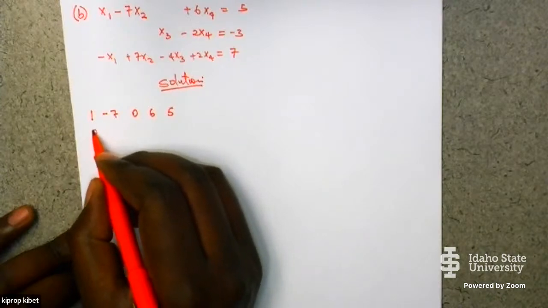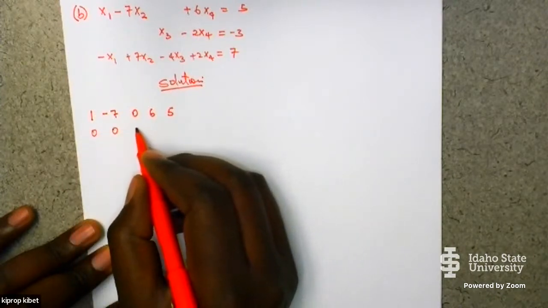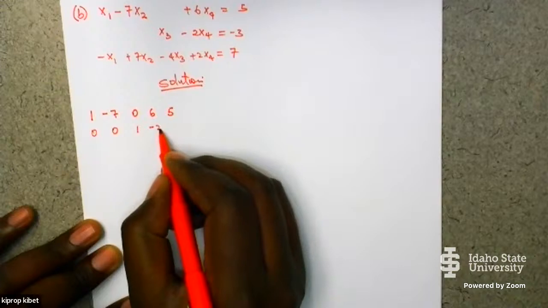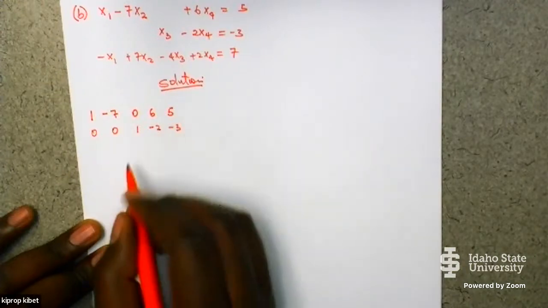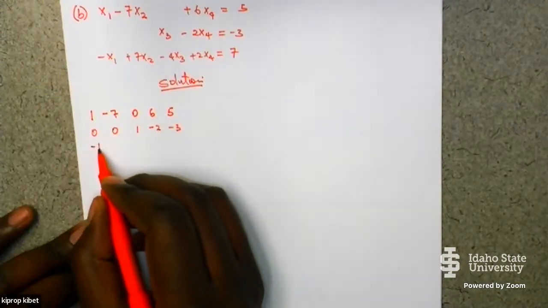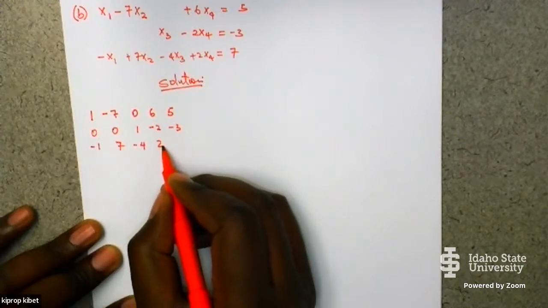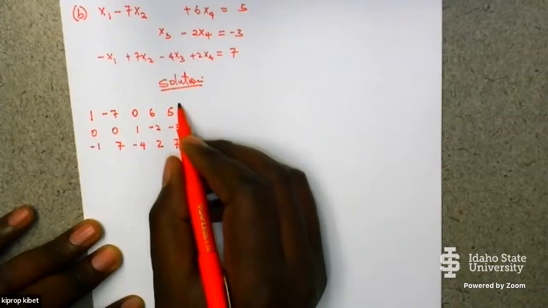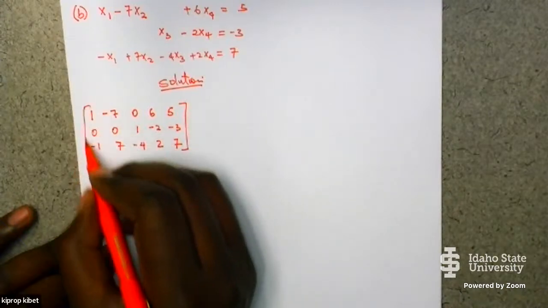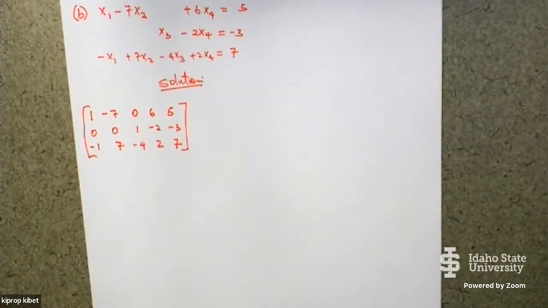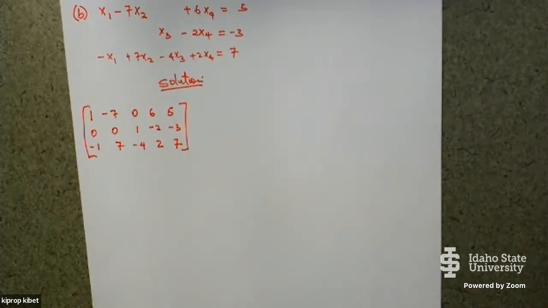We have 0, 0, 1, -2, and -3. And then we have -1, 7, -4, 2, and 7. So that is the first step. So that is the augmented matrix.